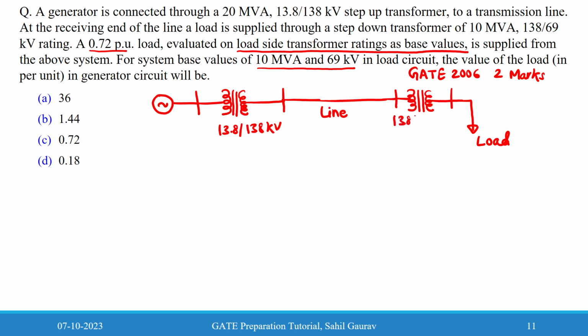This transformer rating is 138/69 kV, with apparent power rating 20 MVA, and this transformer apparent power rating is 10 MVA.